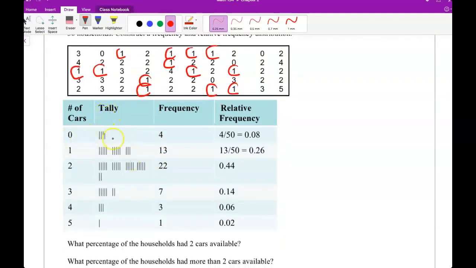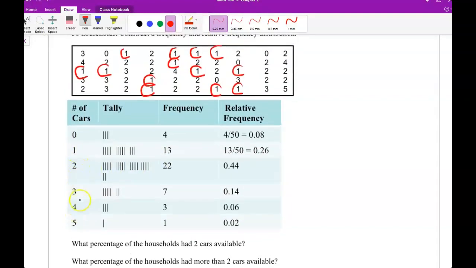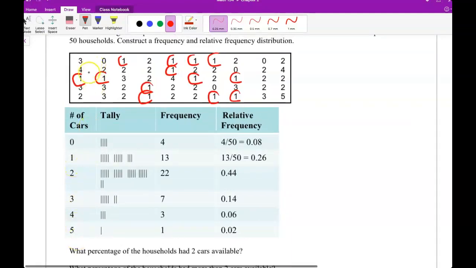Exactly the same as what we did for the first part. Using tally in the second row, we have 13 here, and writing the number as 13. So do the same thing for all these numbers in the first column. We have 2 cars, 3 cars, 4 cars, and 5 cars. I have these numbers based on what we have in this table.